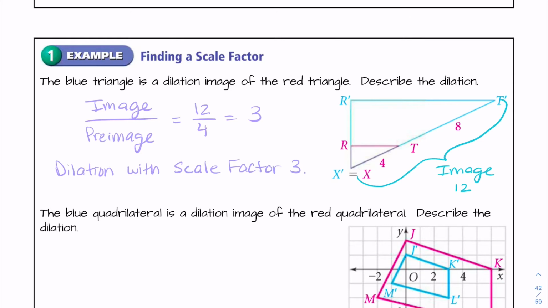Remember, if it had a scale factor of 1, it would be this exact same triangle. Nothing would change. This would be x prime, t prime, and r prime. That's a scale factor of 1. This is a scale factor of 2.